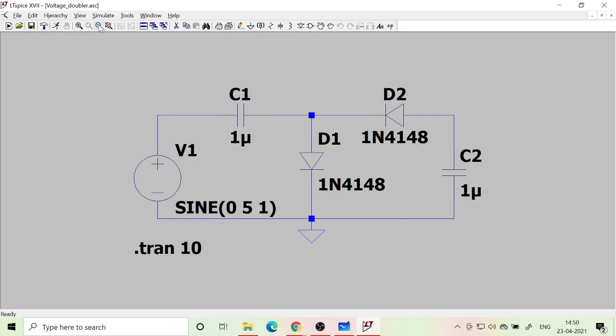We are giving a sine wave, and I am giving a frequency of the sine wave as 1 Hz, but I am simulating for 10 seconds, which means 10 cycles, and there's a reason why I do that. I have seen that some amount of transient is coming, and in order to reach the steady state it takes some amount of time. So let's run it.